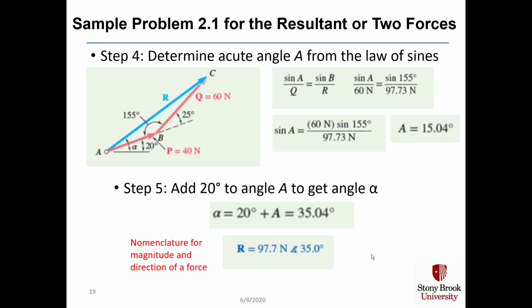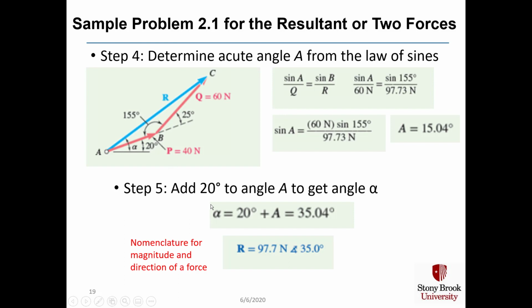In step 4, we determine acute angle A from the law of sines. And that acute angle is this small one right here, which is between vector P and vector R. So that sine A is to Q as sine of beta is to R. And we plug in values for Q was 60 newtons, R was 97.73 newtons, beta was 155 degrees, and we find that this small angle A is 15.04 degrees.